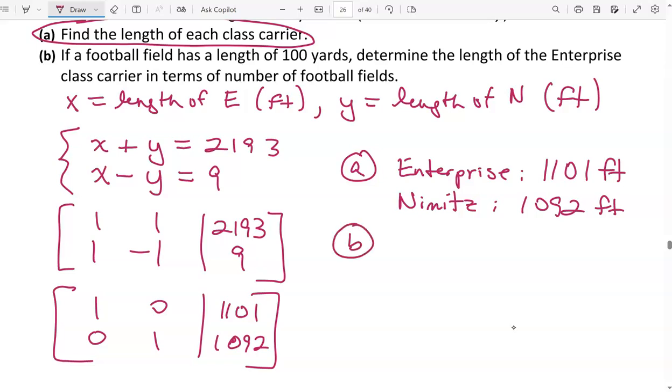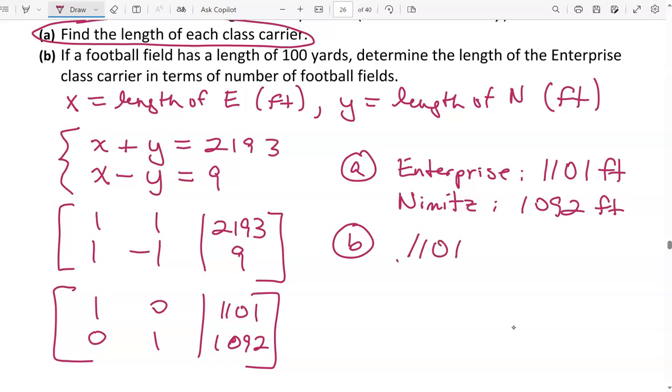B asks us to, if a football field has a length of 100 yards, determine the length of the Enterprise class carrier in terms of the number of football fields. We can just find that by dividing the length of the Enterprise by 100.